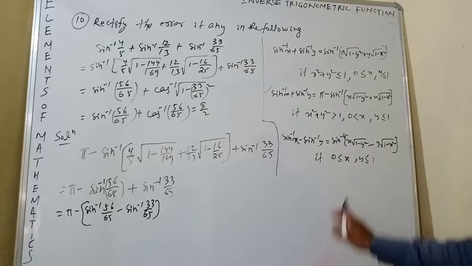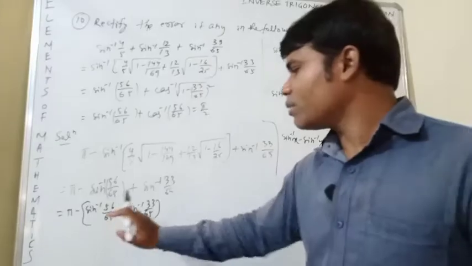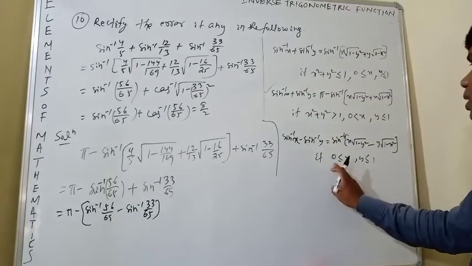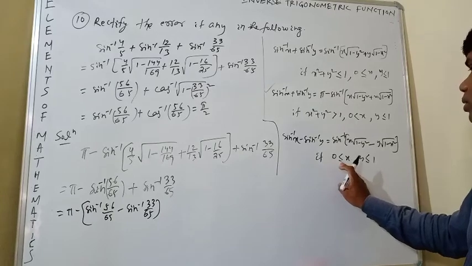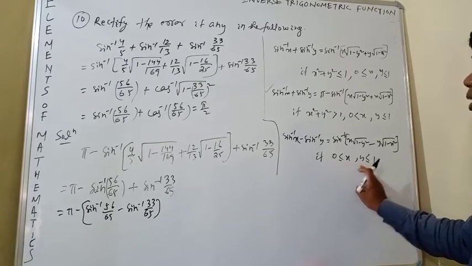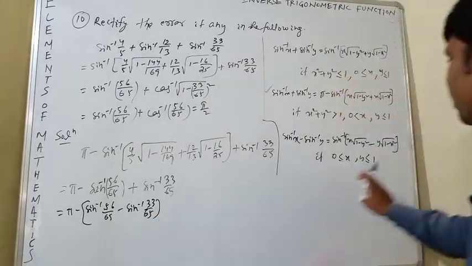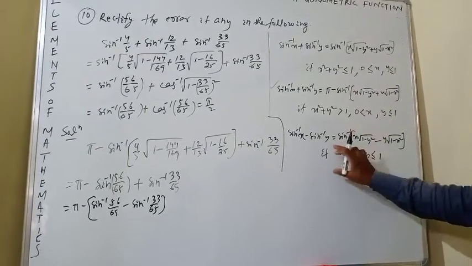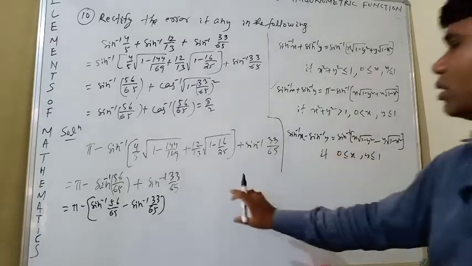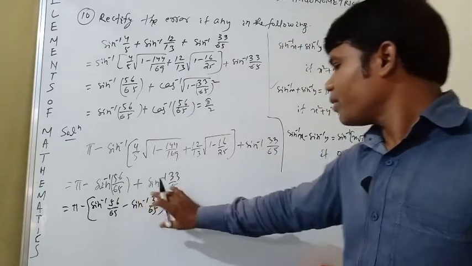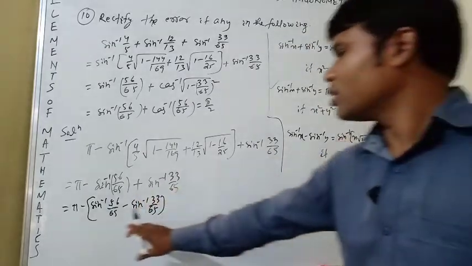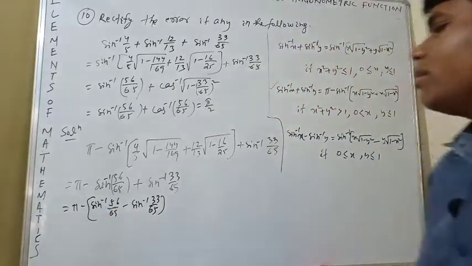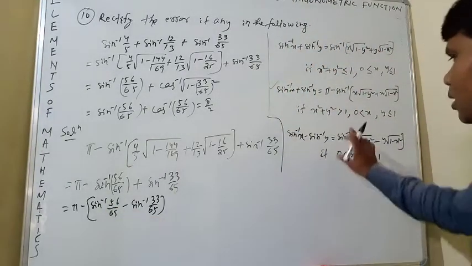Here x is 56 by 65, which is more than 0, and y is 33 by 65, which is less than 1. That means sin inverse 56 by 65 minus sin inverse 33 by 65 satisfies the condition.